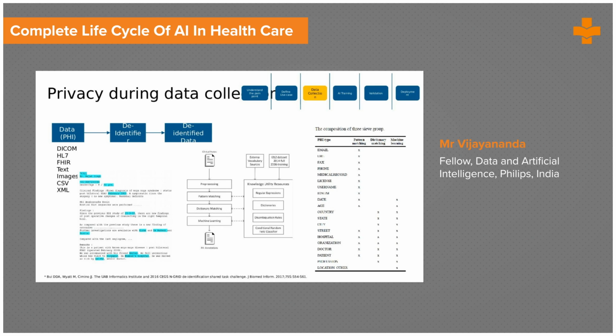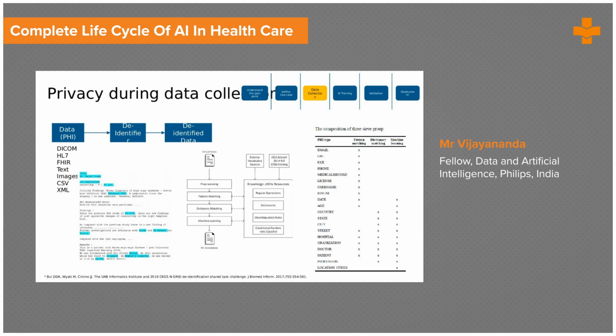It could be an image, it could even be text. Here is a scenario where, for text taken as an input and de-identified, there is actually an AI algorithm to identify which PHI-related data is within the text, and then de-identify that, so that the data that goes to the R&D community will already be de-identified.